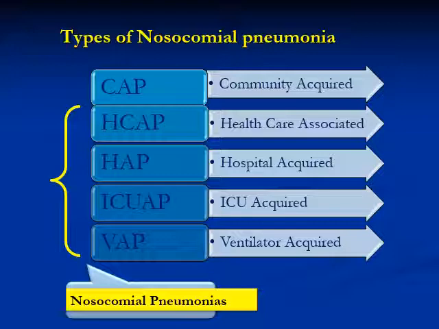Hospital-acquired pneumonia, patients who are admitted to the hospital, to the medical ward, surgical ward. Intensive care unit acquired pneumonia, those in the intensive care unit, and those on the ventilator, called ventilator acquired pneumonia. So these are 4 types of the hospital-acquired pneumonia: healthcare associated pneumonia, hospital-acquired pneumonia, intensive care unit associated pneumonia, and ventilation associated pneumonia.